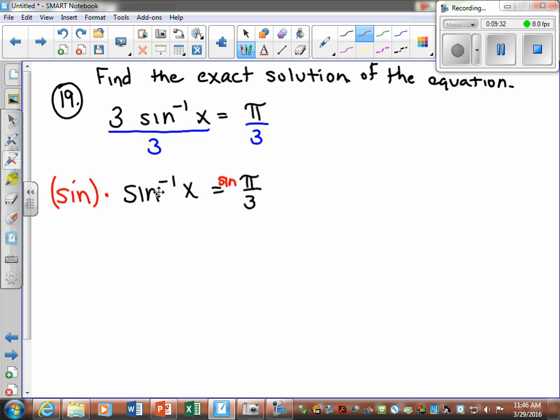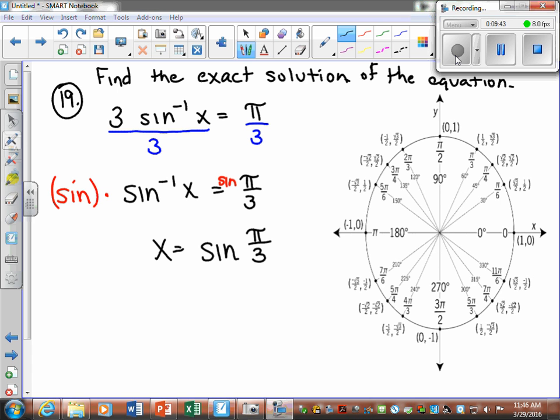That's our property, right? What is the answer? Just x. So we would just get x is equal to the sine of pi over 3. Now we can actually use our unit circle to calculate this. So the y value at pi over 3, the sine of that is going to be x is equal to the square root of 3 over 2.